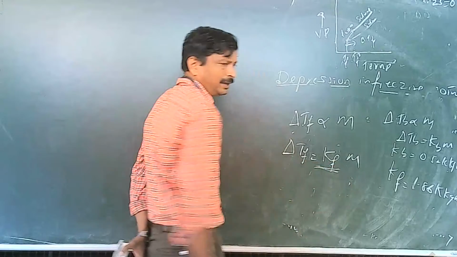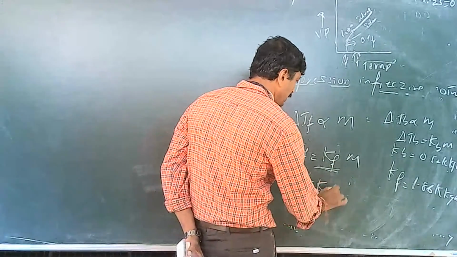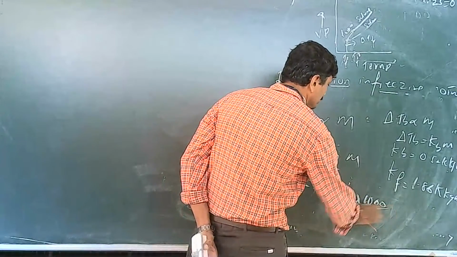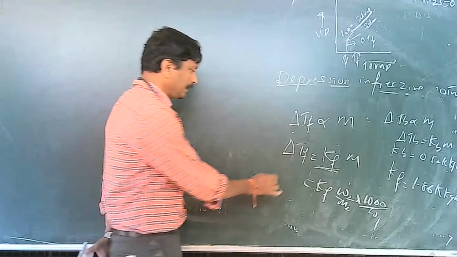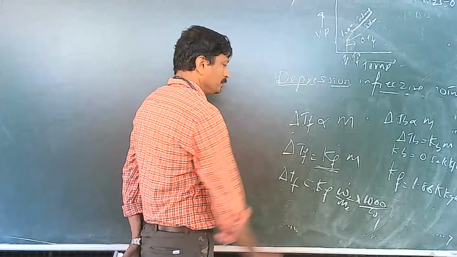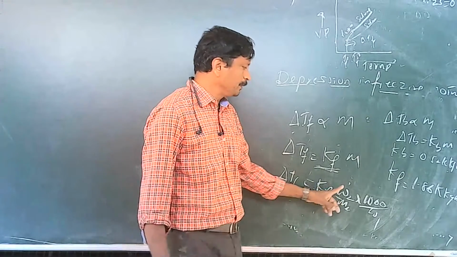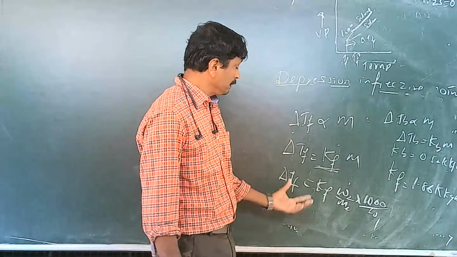So, what is molality? Already we have discussed it. Delta Tf is equal to Kf into W2 by M2 into 1000 divided by W1.